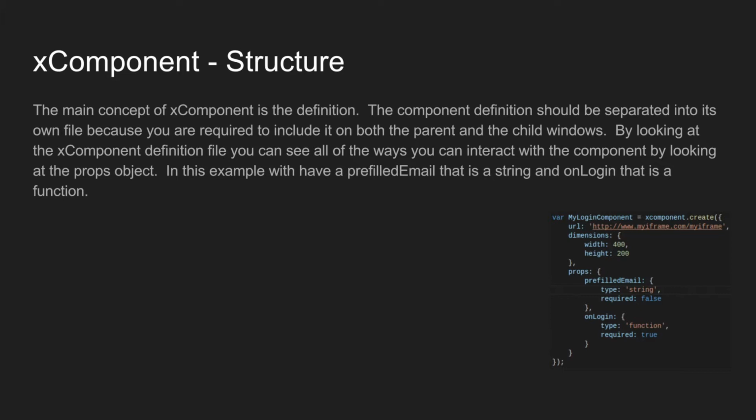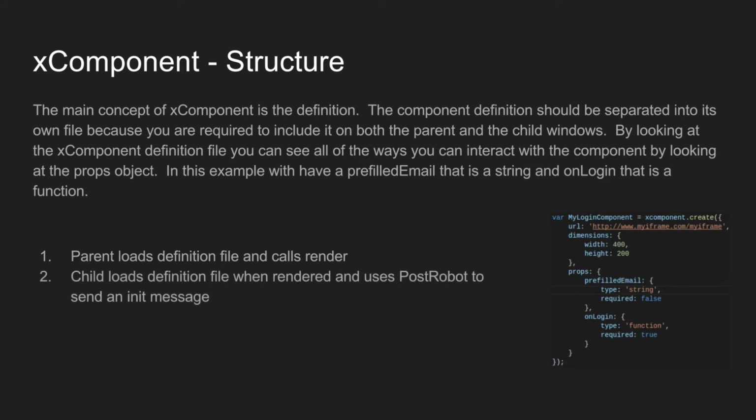So by looking at the xComponent definition file, you can see all the ways you can interact with the component by looking at that props object. So in this example, we have a prefilledEmail that is a string and an onLogin that is a function, just like the documentation. Then the parent page loads the definition file first and calls render, which then creates an iframe tag and puts it into the DOM.